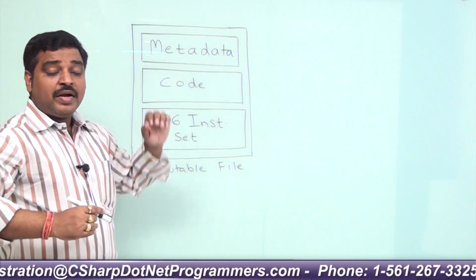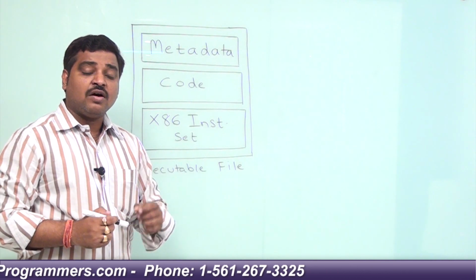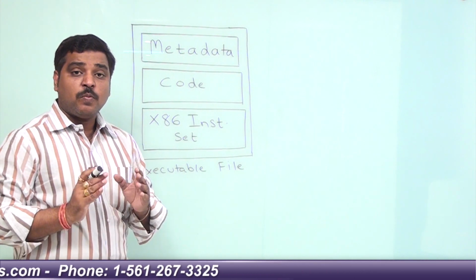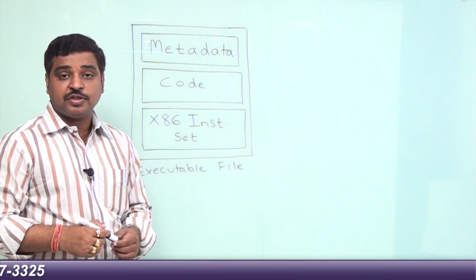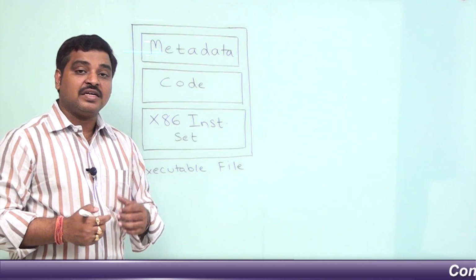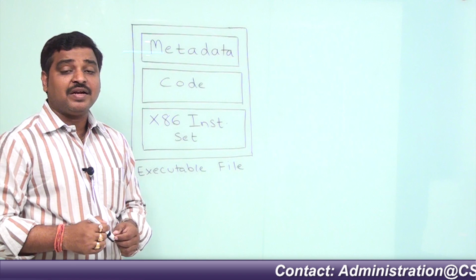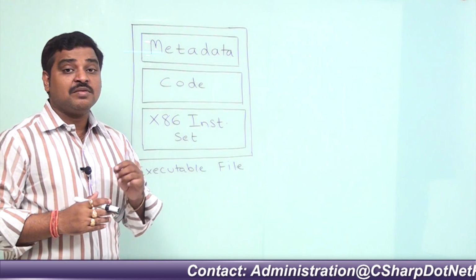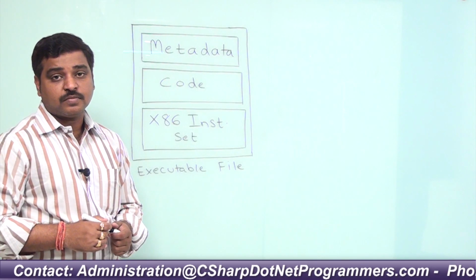Now the metadata of an executable file provides the complete information about the application, such as the headers that are used within the application. So with the support of metadata, my operating system understands what all the header files are that are used.